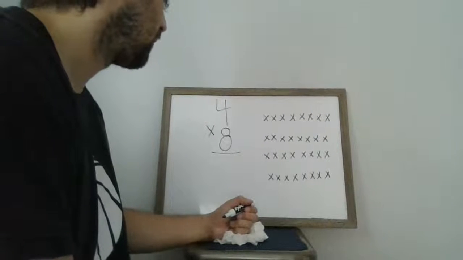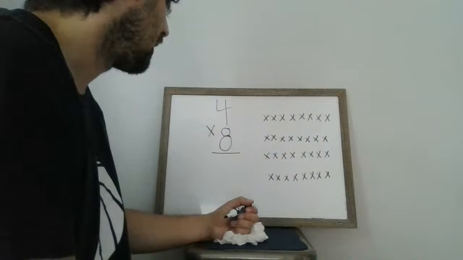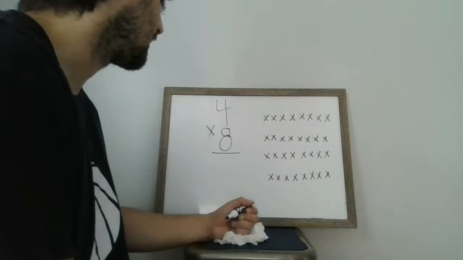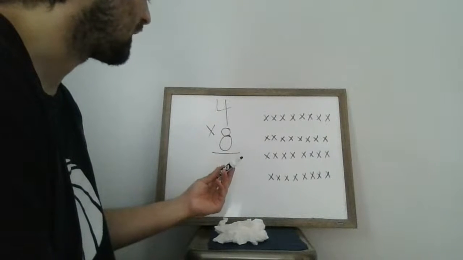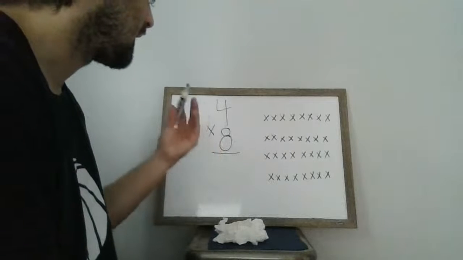So now I have 4 rows with 8 x's in each row, and I'm going to count again. You're always going for the total when you work multiplication. So I have 4 rows, 8 x's in each row.